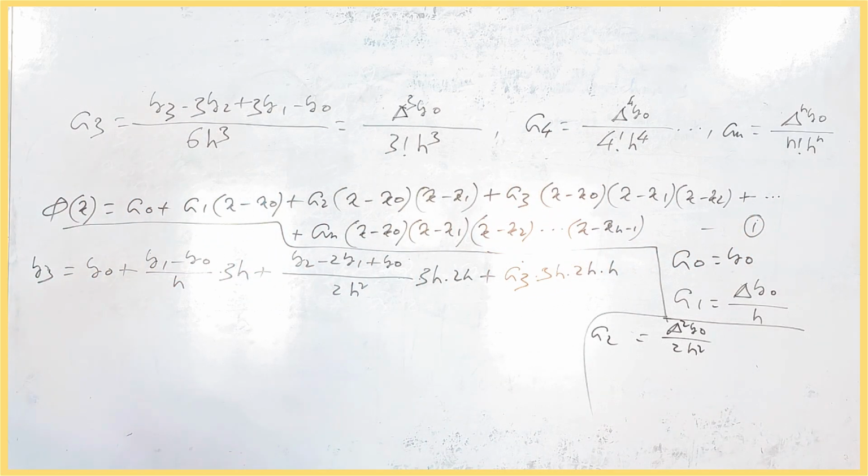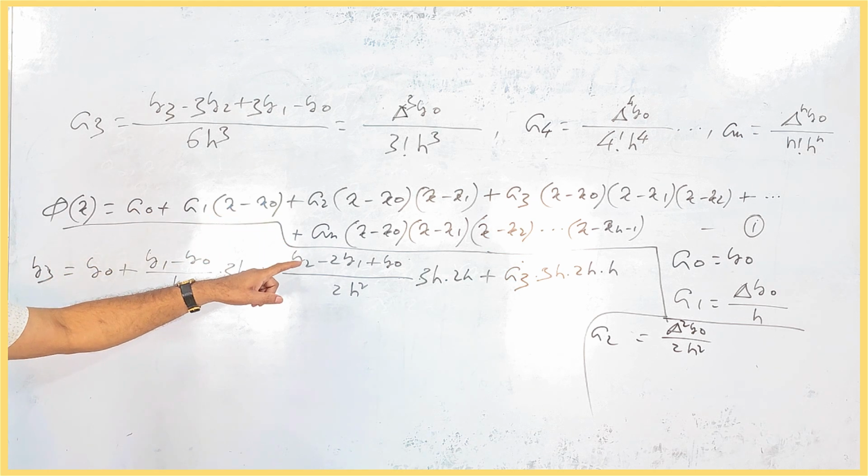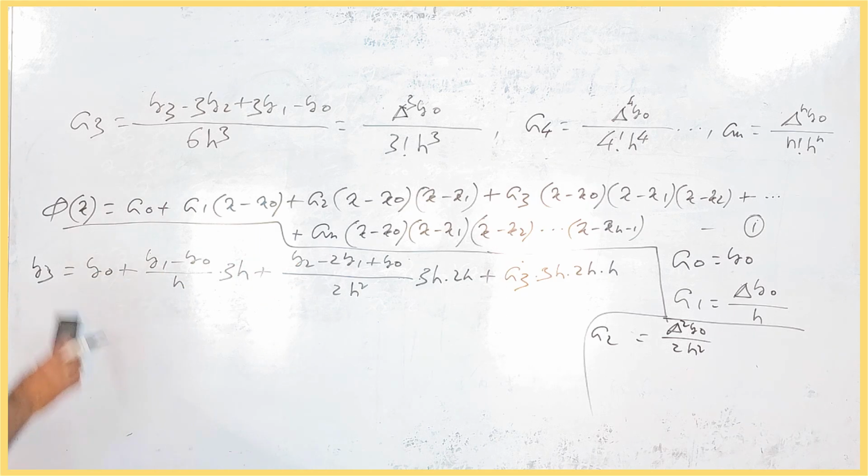So after this, I am getting all the values of these coefficients. Now I am going to put these values in the equation 1. So I will put the values of A0, A1, A2 up to an in the equation 1.